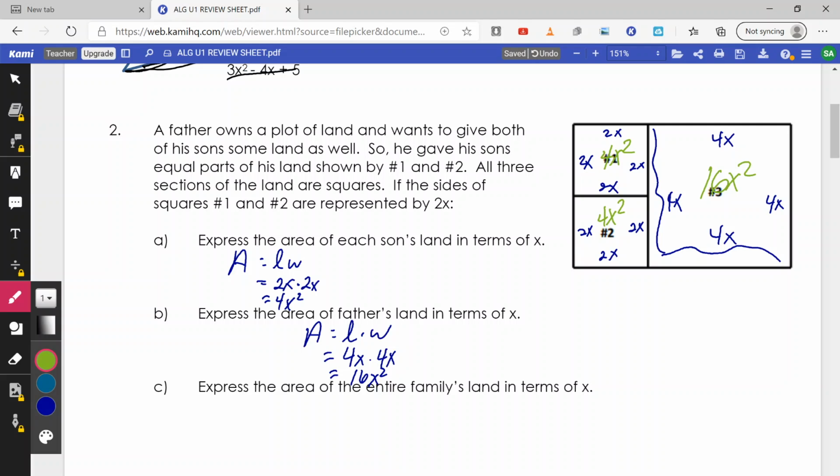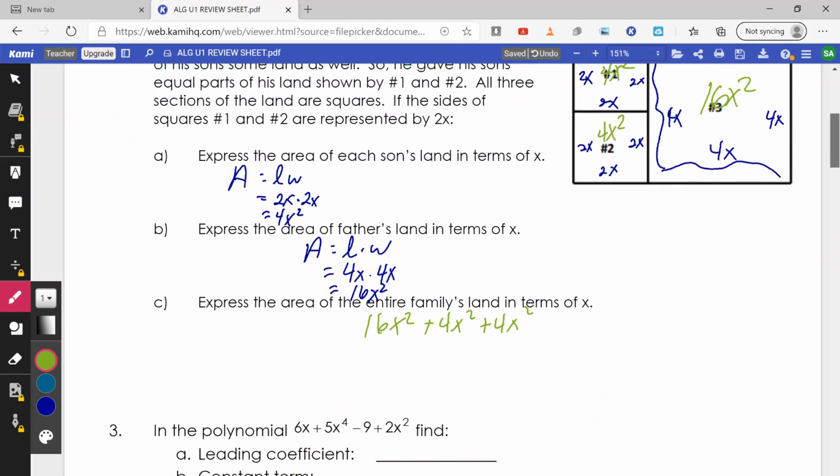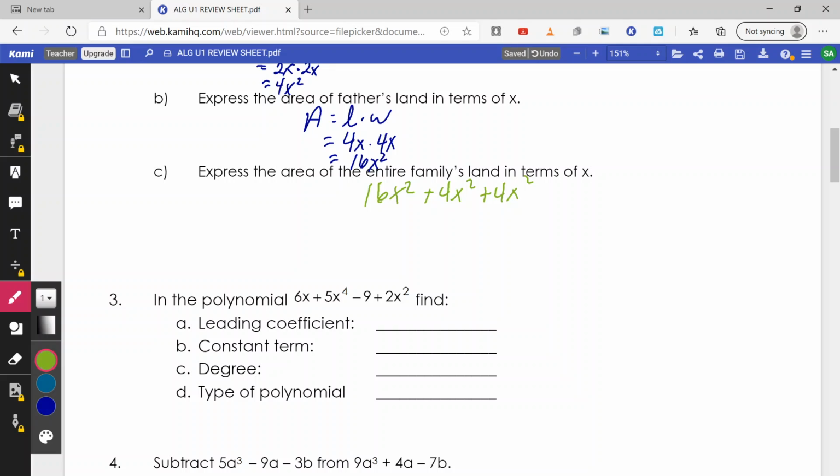To figure out the whole area, we just add them all together: 16x squared plus 4x squared plus 4x squared. When we're just adding, we just add the numbers and bring along whatever the variable is. So 16 plus 4 plus 4 is going to give me 24x squared.